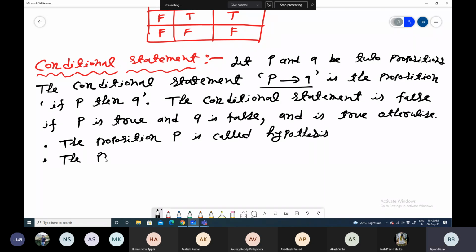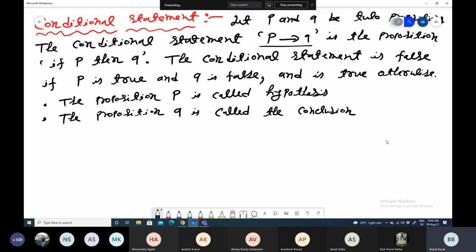And the proposition Q is called the conclusion. Okay. And I will write the truth table, then it will be clear to you.